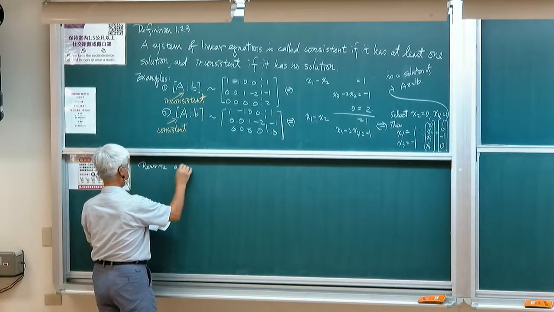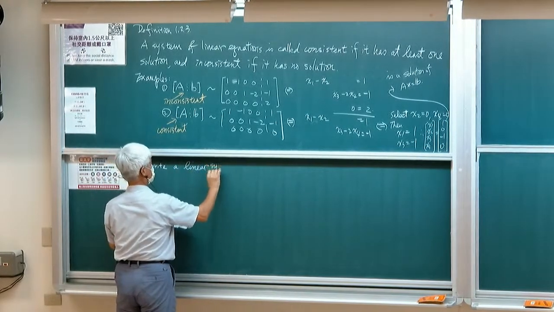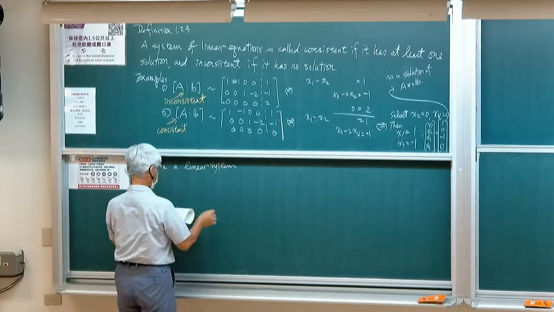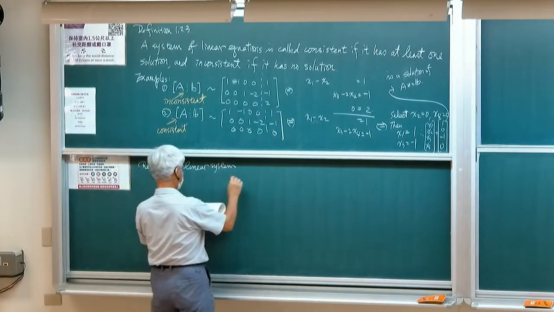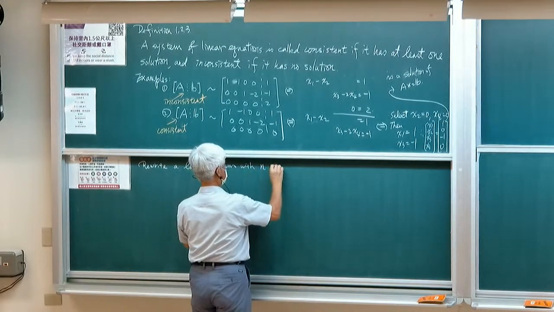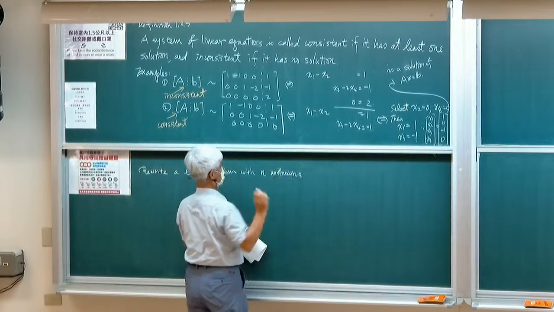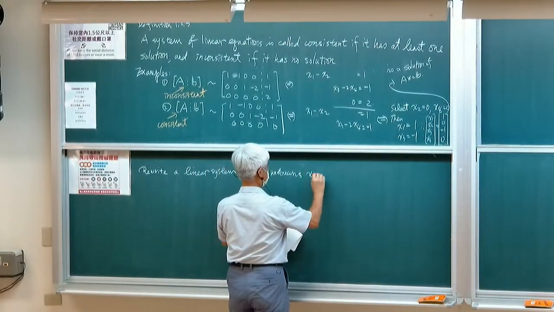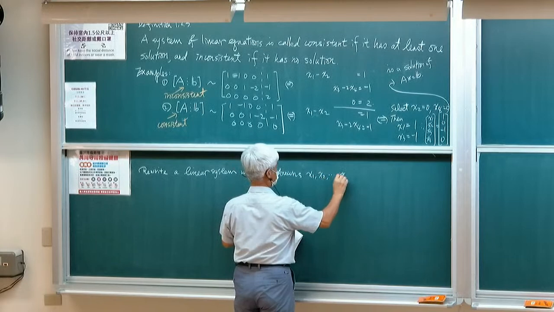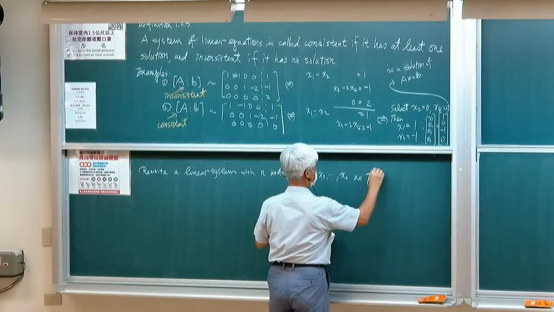So we write a linear system with n unknowns as follows.